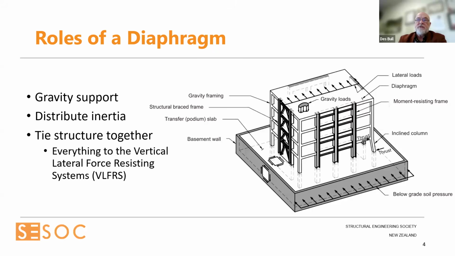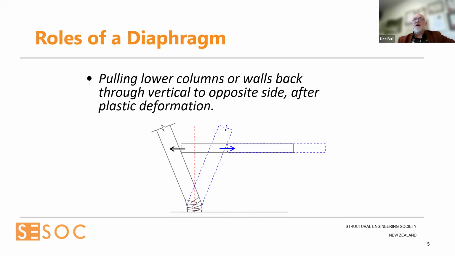All the vertical lateral load resisting systems are tied together by the diaphragms, and those systems behave because the diaphragms constrain them to all move together and deform with the earthquake. Obviously, one that's not regularly written up anywhere, unless it pops up in seminars, is this aspect of diaphragms.